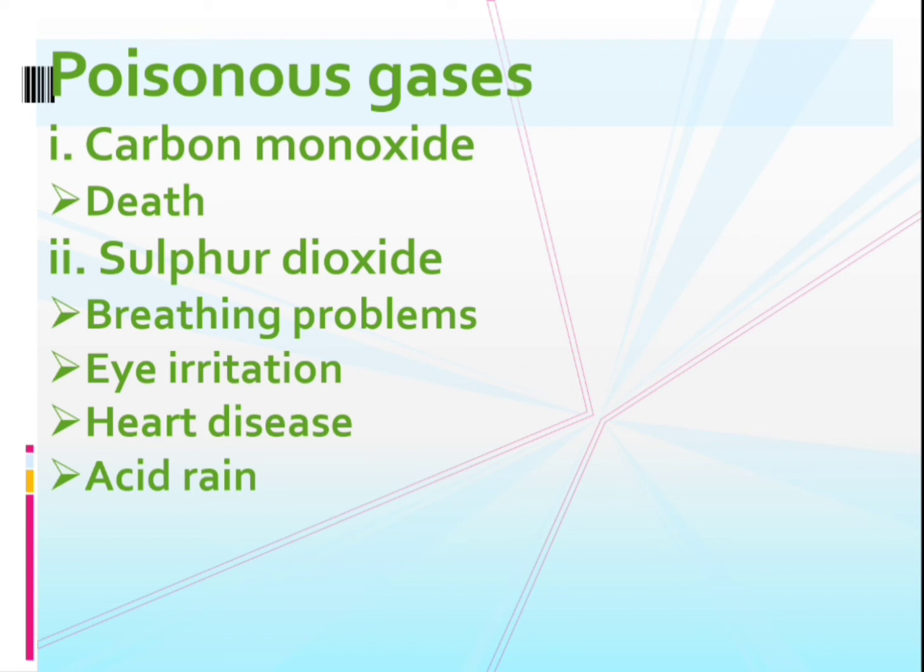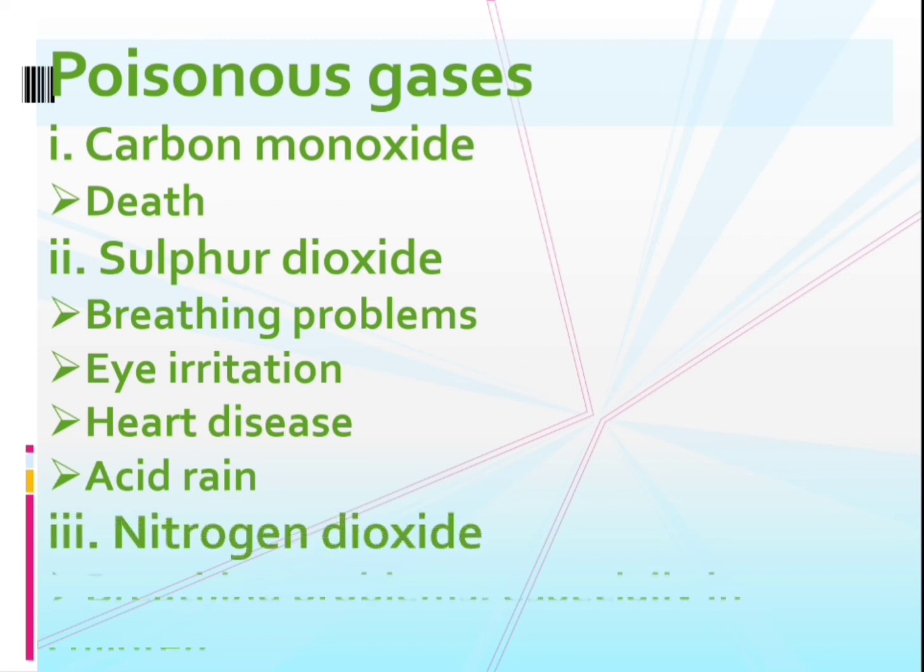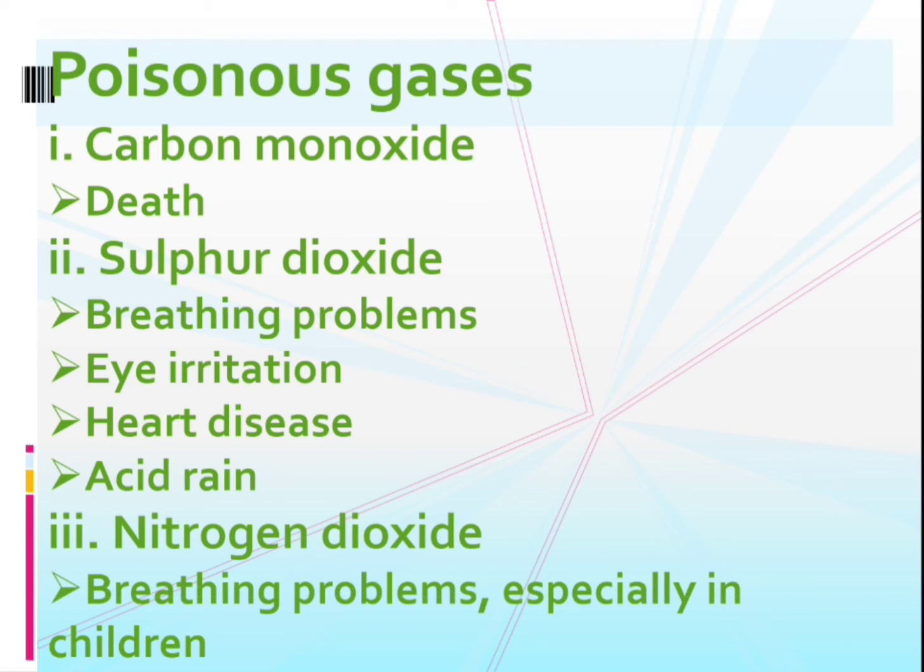Then finally you have nitrogen dioxide. This nitrogen dioxide also causes breathing problems, especially in children. This nitrogen dioxide is produced by automobiles, that is, the smoke from the automobiles has nitrogen dioxide, and also factories and thermal power plants.